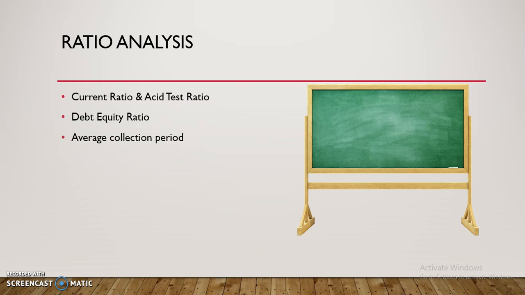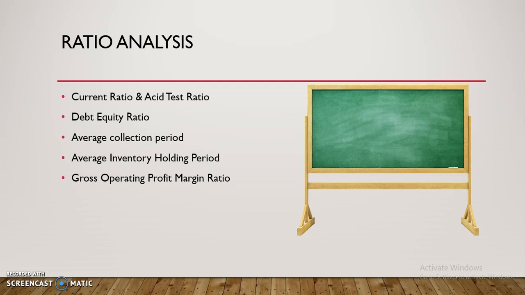And then average collection period. In the previous video, we learned about fake sales. There may be fake sales if the average collection period is increasing, so we'll be learning about it more. Average inventory holding period is also a measure of how effectively you are using your inventories.